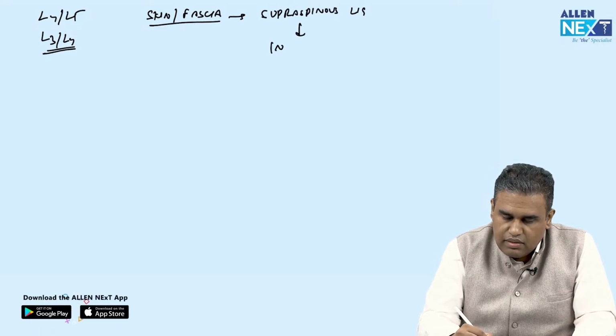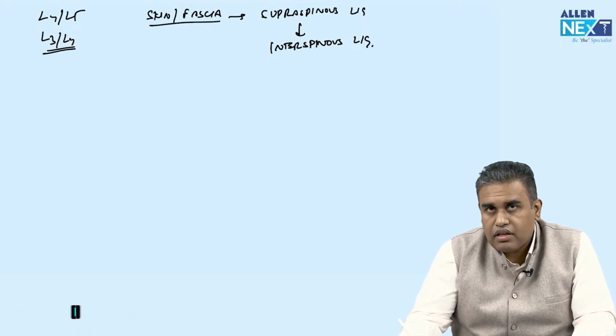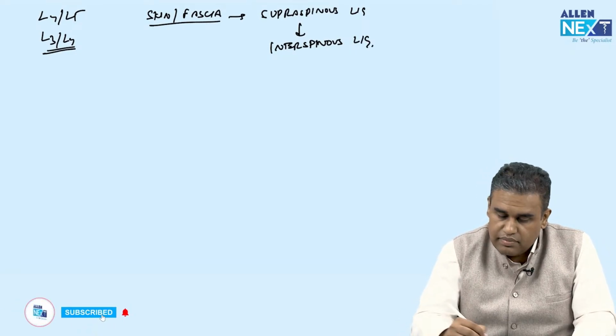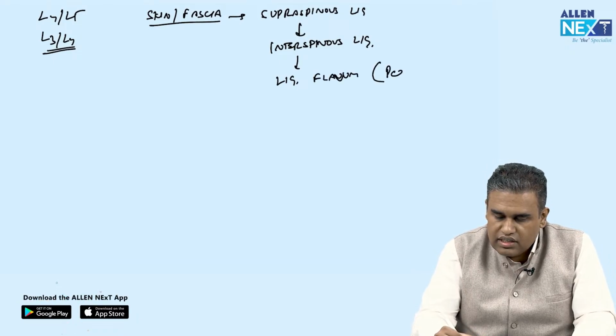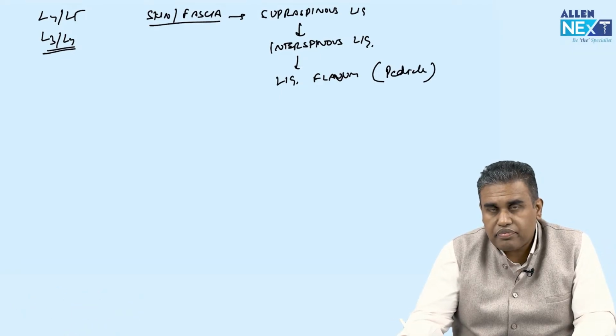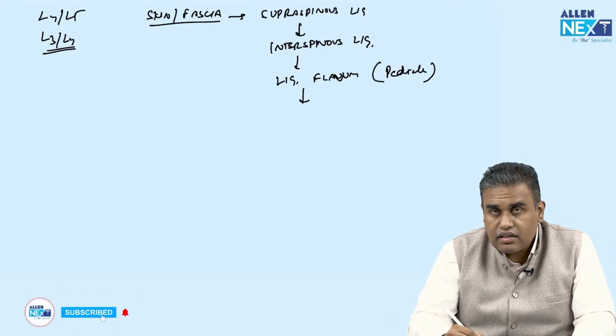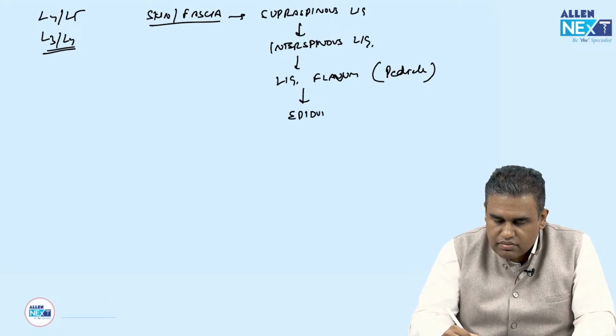After that, the next ligament is the interspinous ligament between the spinous processes. Then it enters the ligamentum flavum. Where is ligamentum flavum? Connecting the laminae of the respective vertebrae. Then it reaches the epidural space.